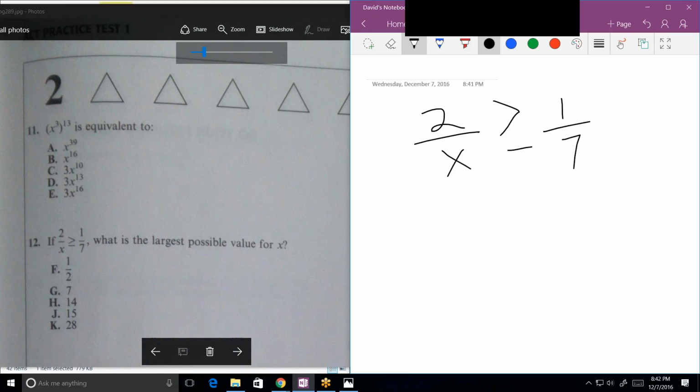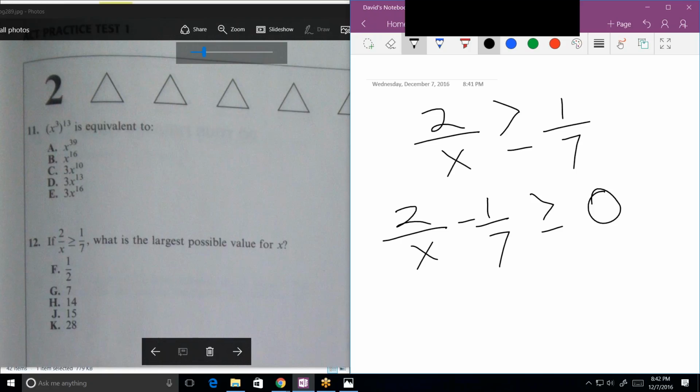The technical way to solve this is to subtract the 1/7 from both sides. I can do that without worrying about the direction of the inequality. Now I have that, and now I have to figure this out. This is a great problem for using back solving, because I don't really know how to figure that out, to be honest.